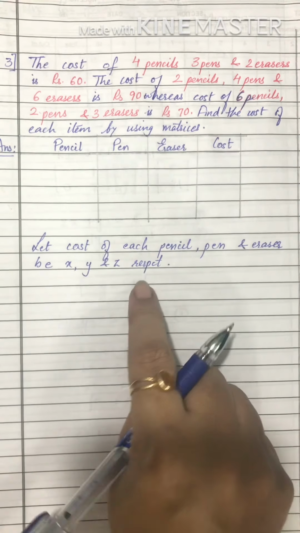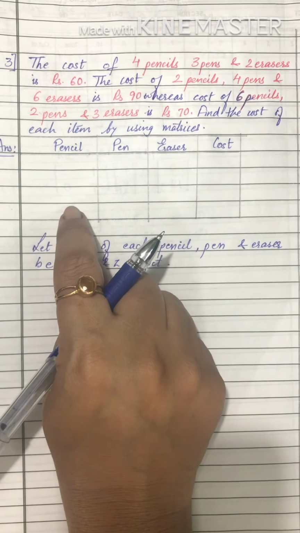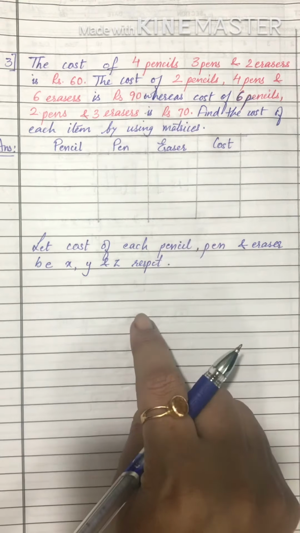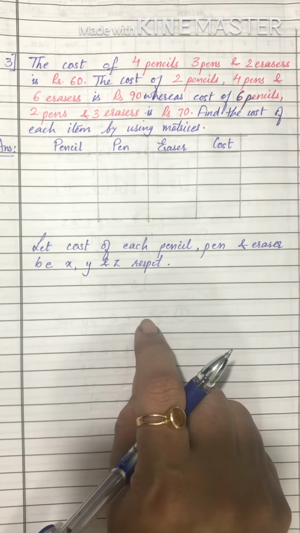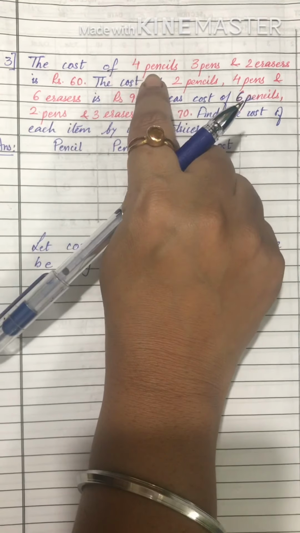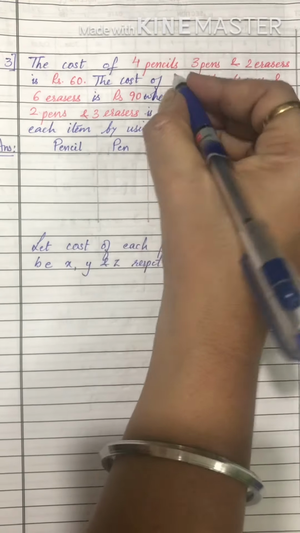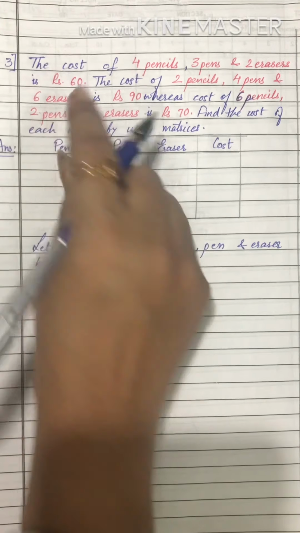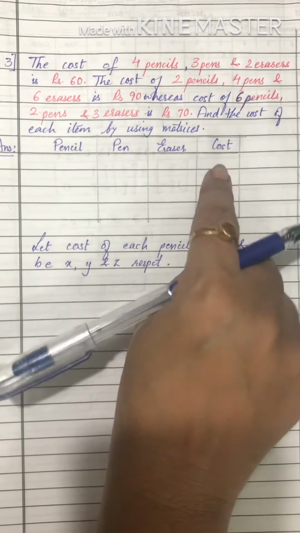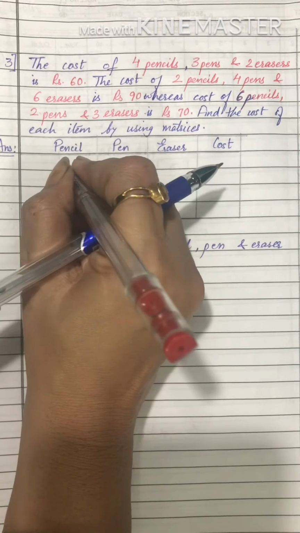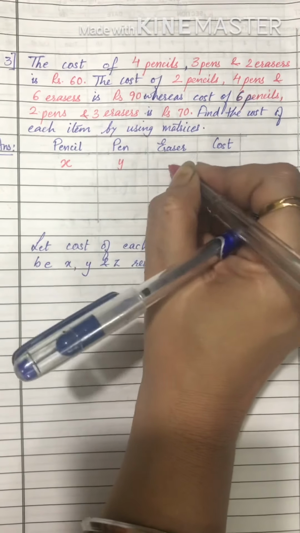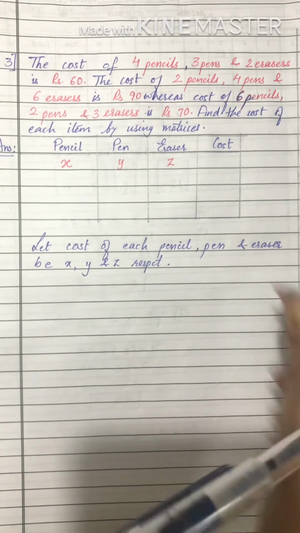Fine. It will be easier if you try to write it in a tabular form, whereas it is not compulsory, but just to solve this sum I will write it in this way. The question says the cost of 4 pencils, 3 pens and 2 erasers is rupees 60. So I have made these 4 columns: pencil, pen, eraser and the last one for cost. We have taken variable x for the cost of a pencil, y for the cost of a pen and z for the cost of an eraser.